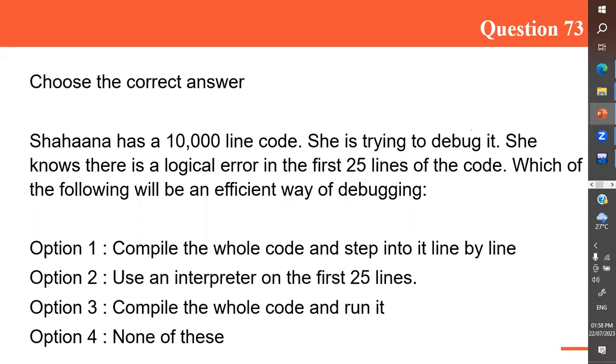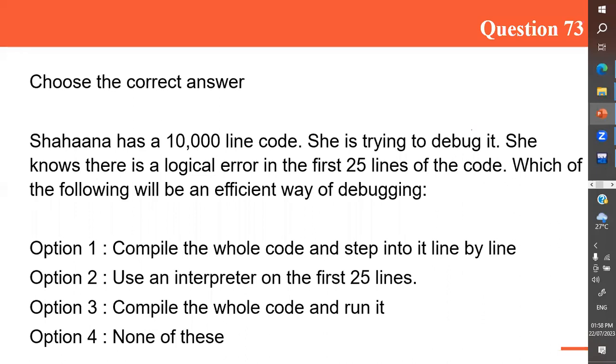Yeah. So Sahana has 10,000 lines of code. Okay, we know that there is a logical error in the first 25 lines. For rectifying that error, do I need to run the whole program? Is it necessary? No. If I use an interpreter, I can run only the 25 lines individually, right? What is an interpreter actually? An interpreter executes line by line, every line executed individually. So if I know the error is in the first 25 lines, I'll run only them and rectify that.